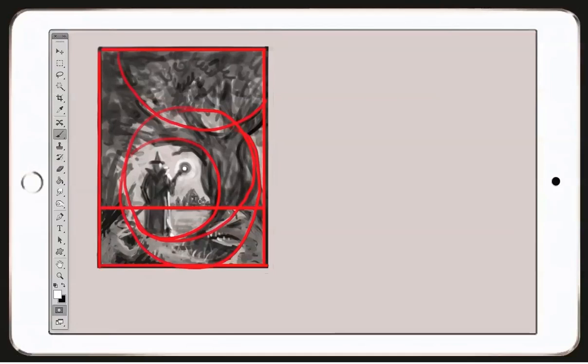The circle is a shape that encloses something, and it has this circular direction, wrapping around something. So these circles like that, wrapping around the wizard-like character here, suggests that the forest is protective of him.